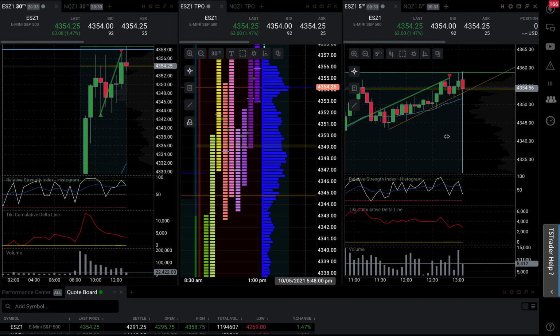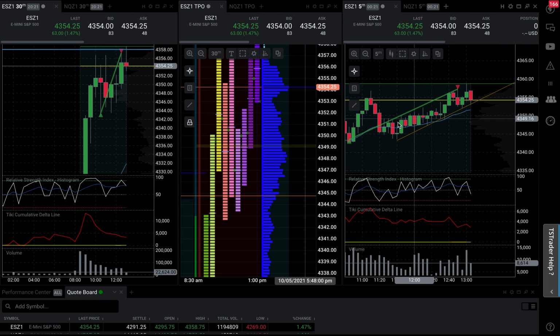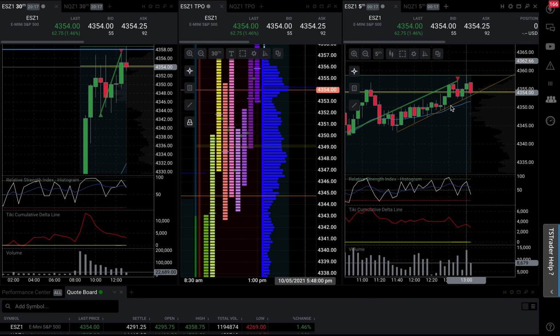Notice I could draw a trend line, and what is it doing? It's making higher highs and higher lows. So we're stair stepping up. So we're grinding up to higher prices. It might take us a while, but we'll get there, and we did.